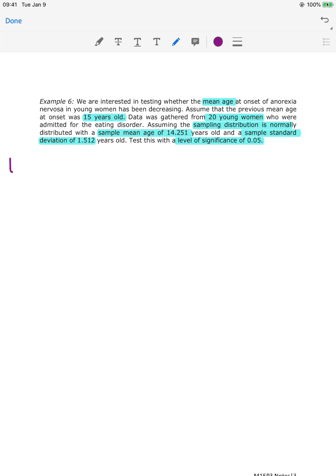So step 1, write the null and alternative hypotheses. So H0: mu equals 15. The previous age was 15, so we're going to assume that the current age is 15.